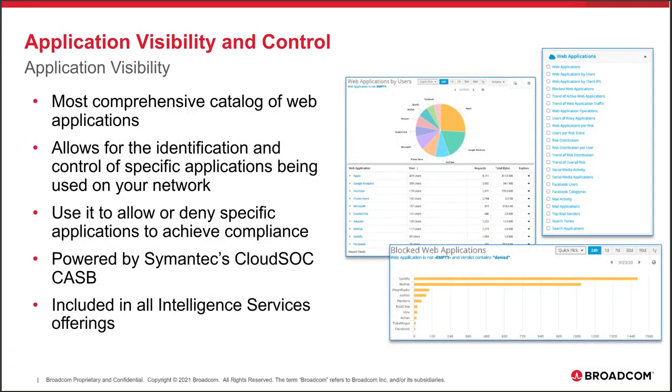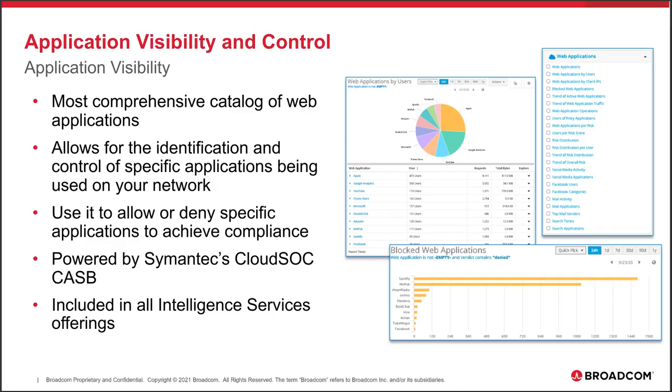Moving on, the bread and butter, I think, and probably the biggest defense against shadow IT, is application visibility. And hopefully you've seen this in action on your own. It's been available for a number of years, but we've recently increased its power by pushing the CloudSock CASB into the portfolio as well, without you having to purchase the CASB feature set.